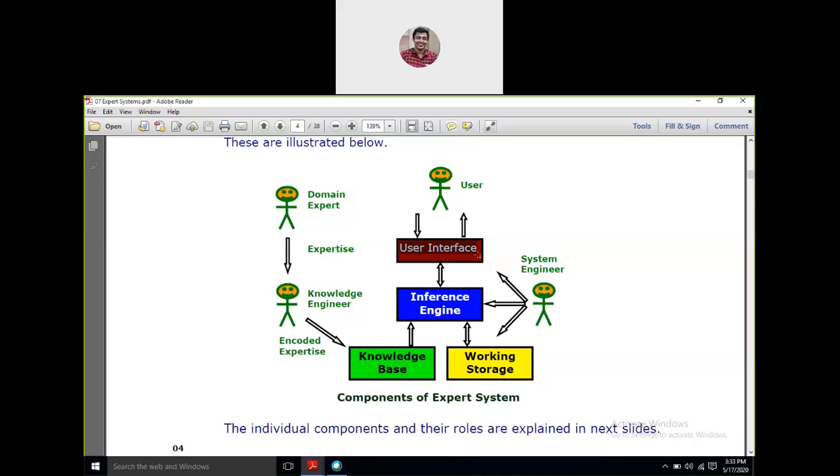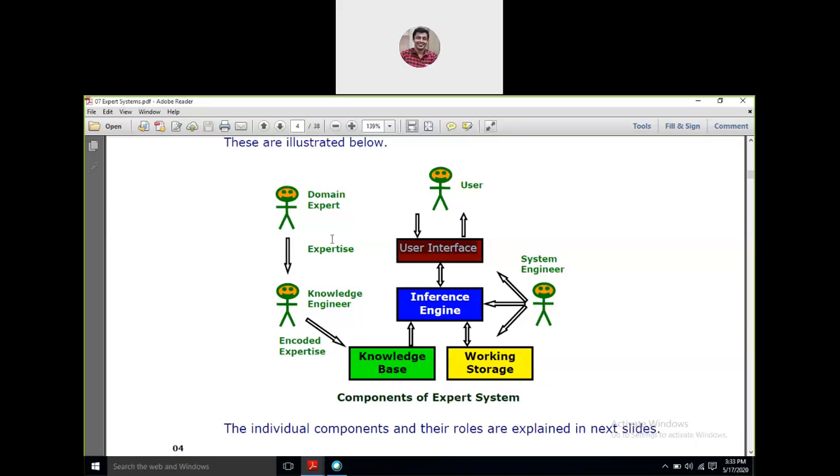There are around four human interventions in this particular expert system. The first one is the user. The user has no role to play. In fact, they are just the end users who can use the whole expert system for their own benefit. Now, there is another person, the domain expert.